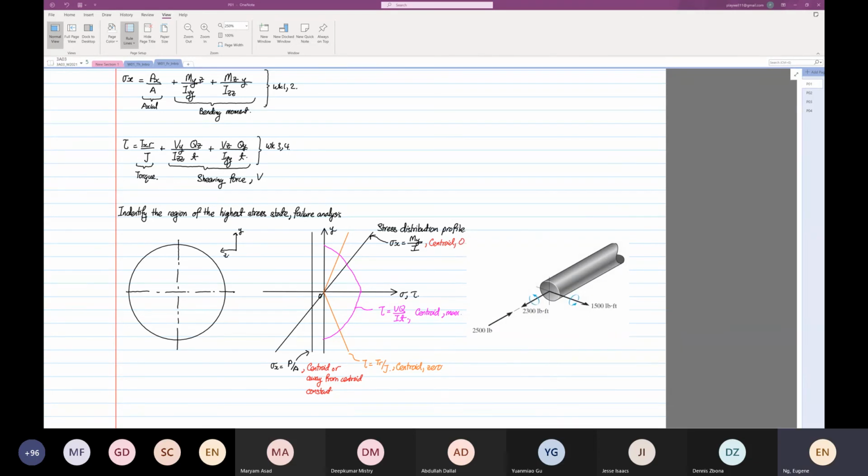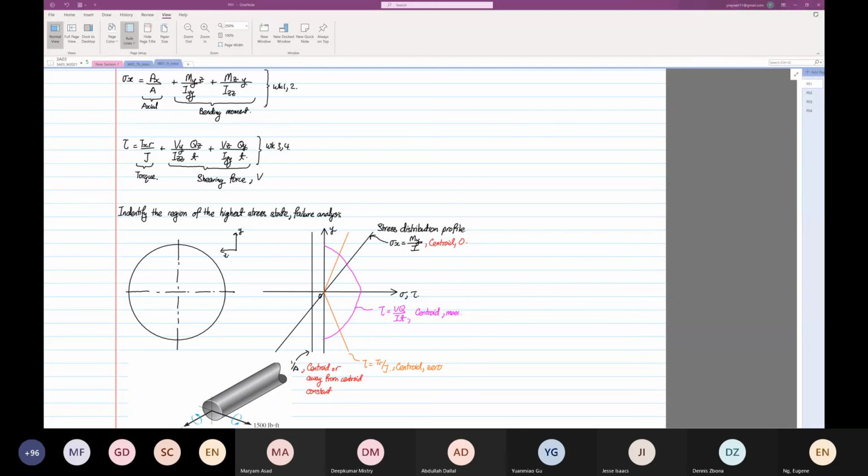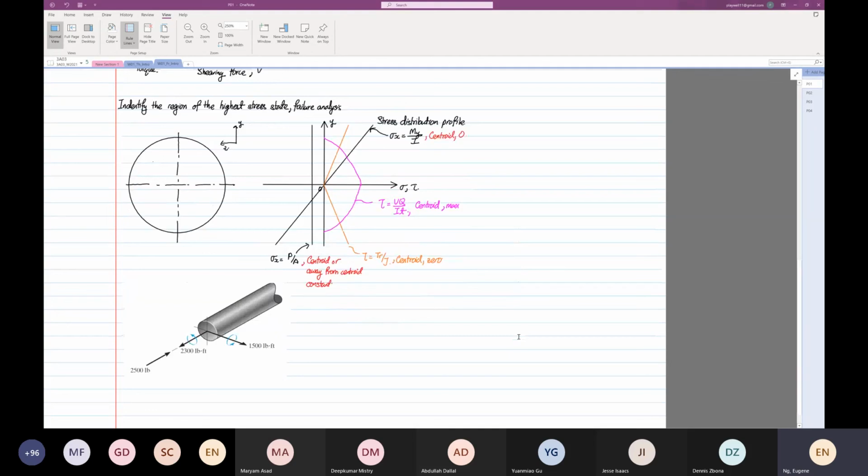I'm going to move the diagram. So you can see the diagram down here now, right?